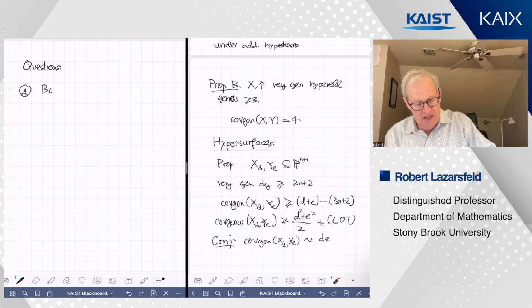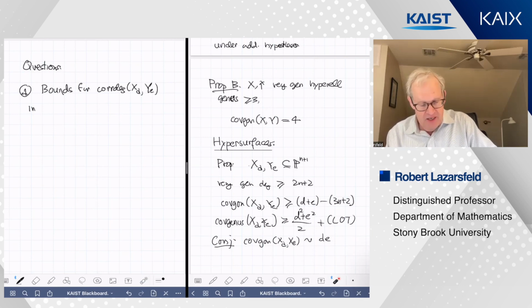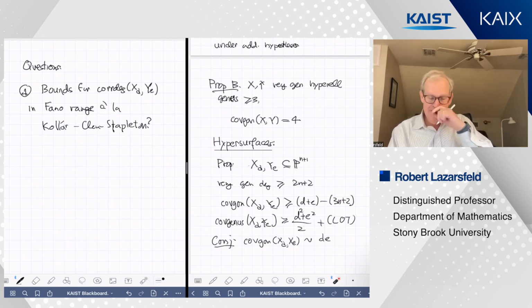So the question is, can one find bounds for the correspondence degree of two very general hypersurfaces in the Fano range, where d and e are small, in the spirit of Kollár, Chen, and Stapleton? Can you use some of these ideas to get even weak bounds for the correspondences in low degree?